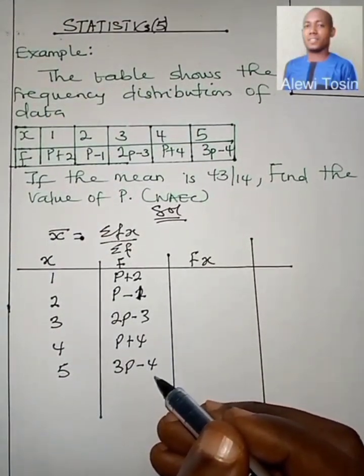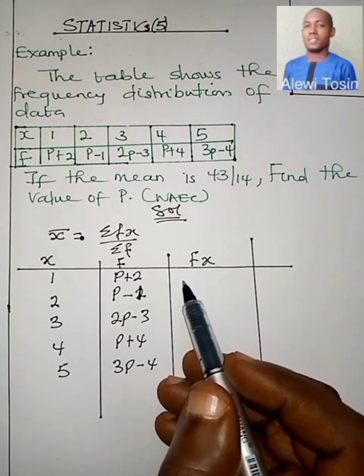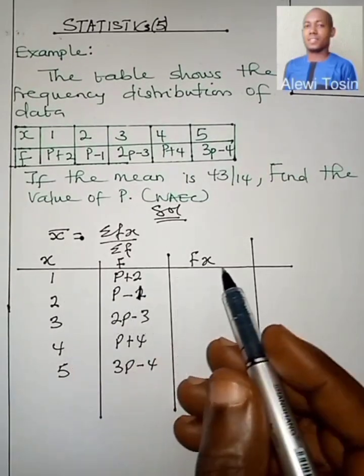Now, our fx means we multiply f and x together.